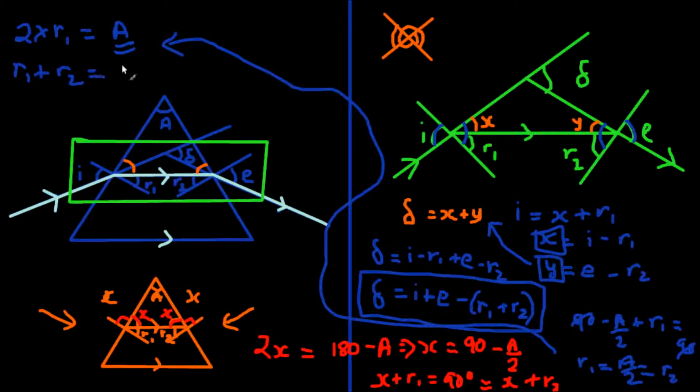So if we replace the value of r1 plus r2, what we get is that delta is equal to I plus E minus A. This is how you derive it, and I hope you don't have any doubts over here.